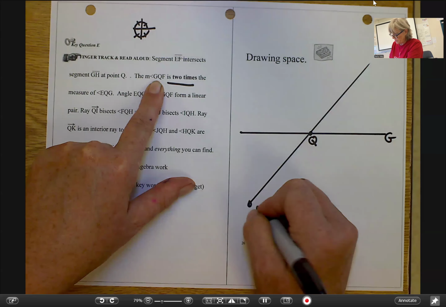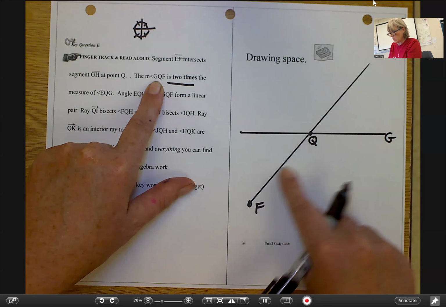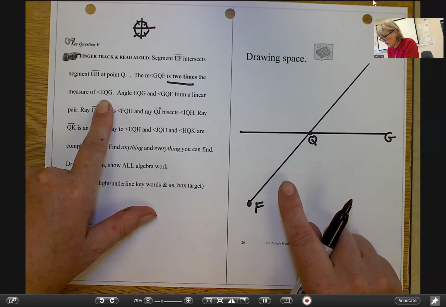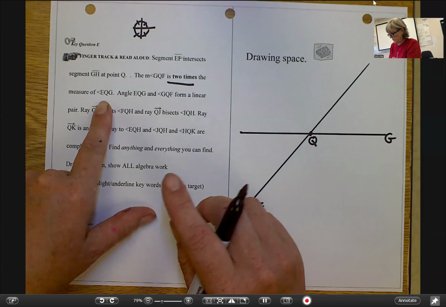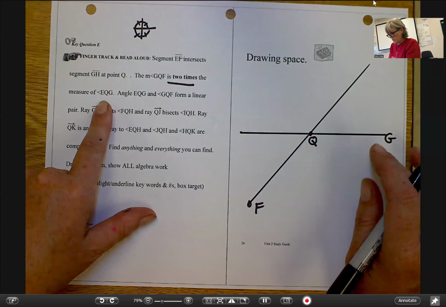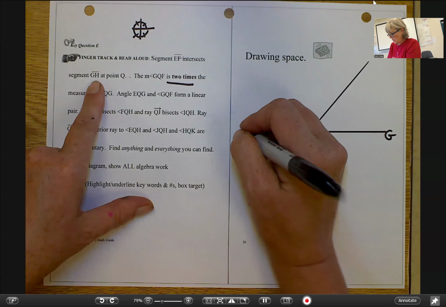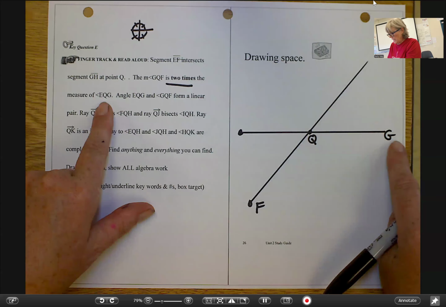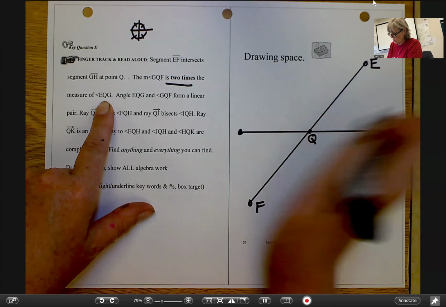GQF is twice as big as EQG. That means E must be this way and H must be over here.